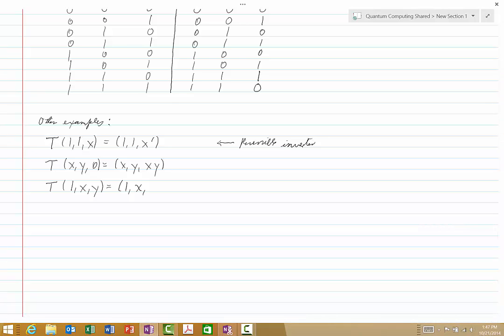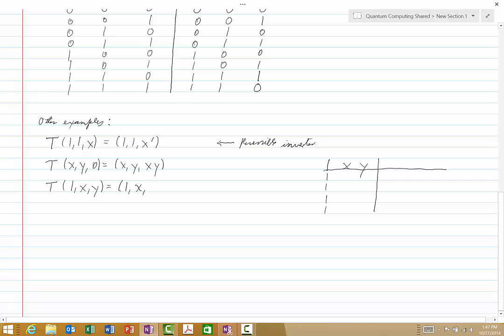Well, let's think about this for just a second. We could have, let's say, 1, X, Y. One, of course, is always equal to 1.